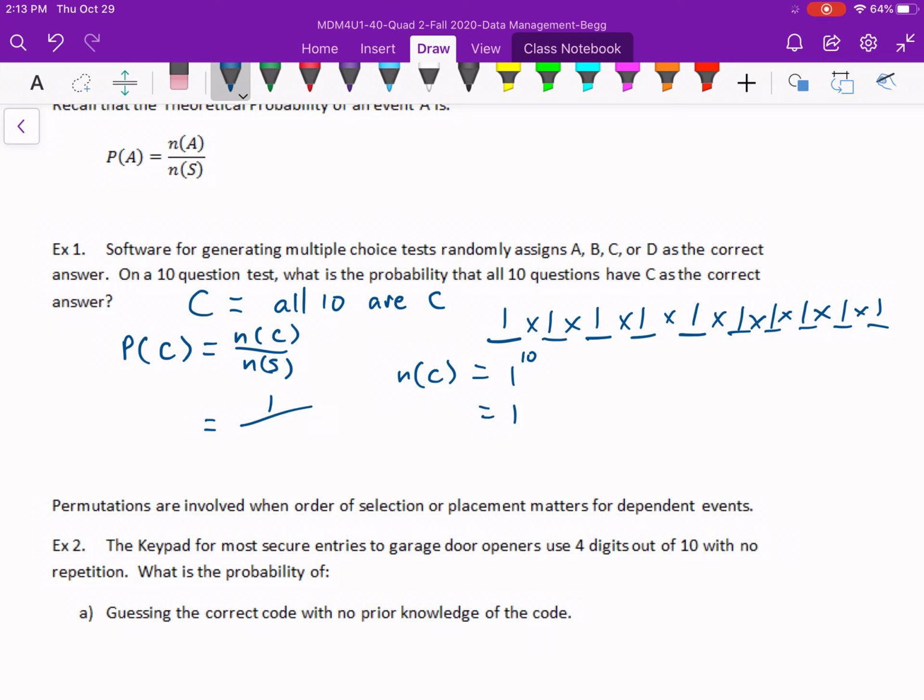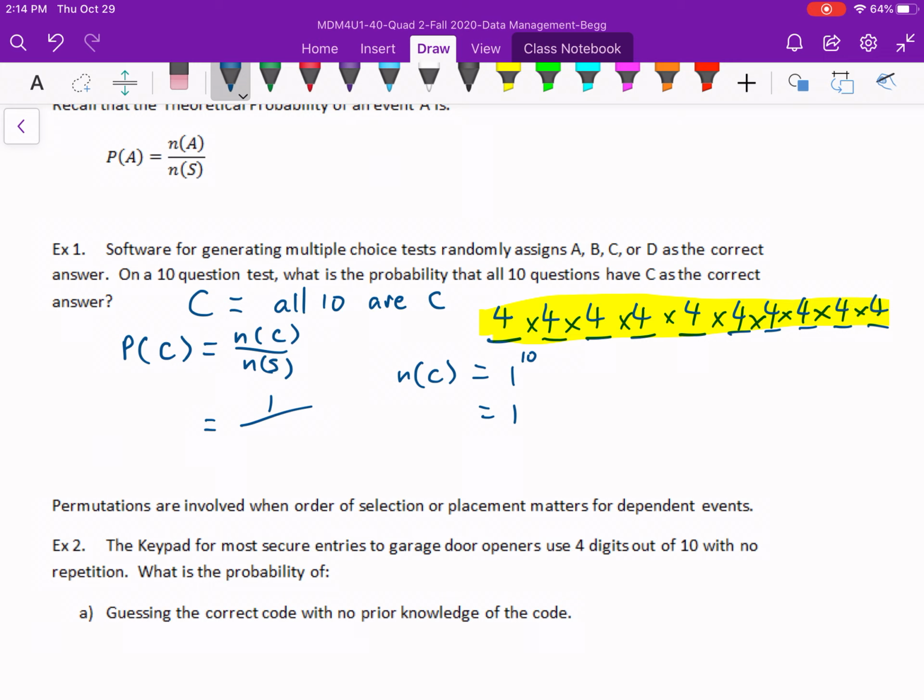How many different options are there, though? Well, if we go back, on the first question, there's actually 4 different possible answers, A, B, C, or D. And there's 4 possible answers for question 2. And in fact, there's 4 possible answers for every single one of these questions.